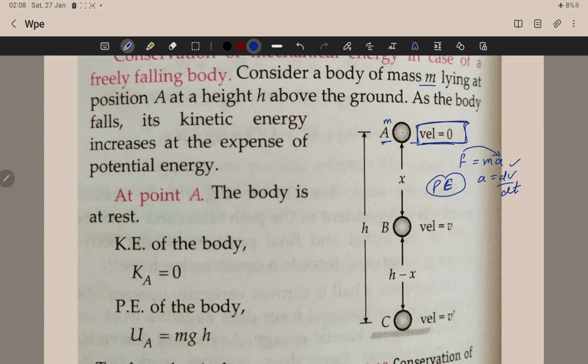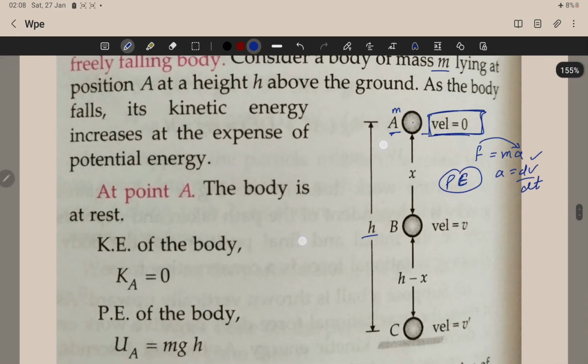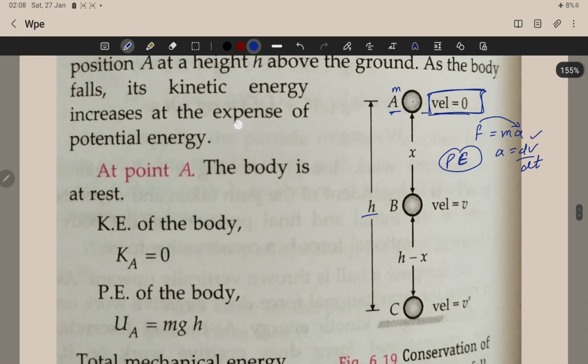So it is at some height, let's say the height is h above the ground. As the body falls, its kinetic energy increases at the expense of potential energy. At the expense of potential energy means the potential energy is getting lost, and at the expense of this loss it gets manifested into kinetic energy.